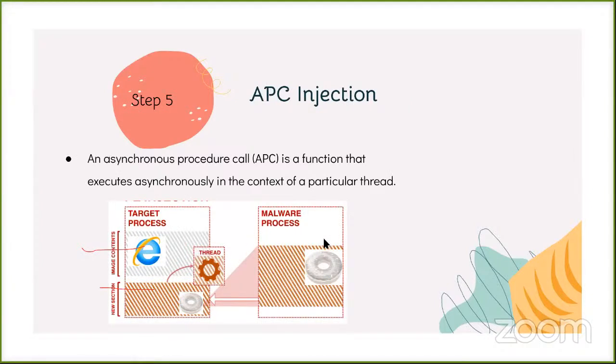Back to our diagram: our custom code is the donut shellcode, and our target process is Internet Explorer. The APC injection makes sure we have an empty address space so that we can write our shellcode into it. So when we run Internet Explorer, it's not the original Internet Explorer that is running, but Internet Explorer with our custom donut shellcode.